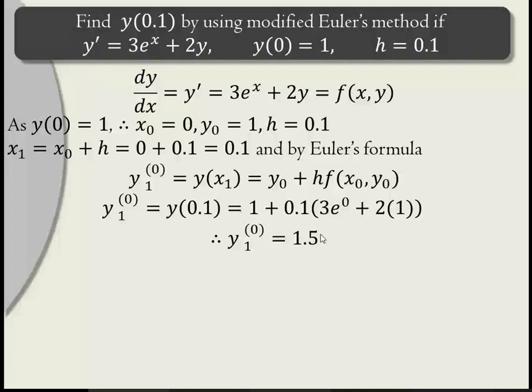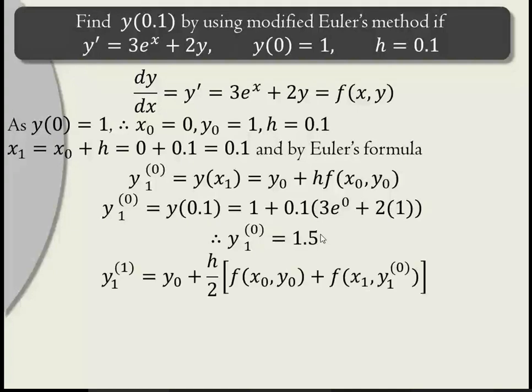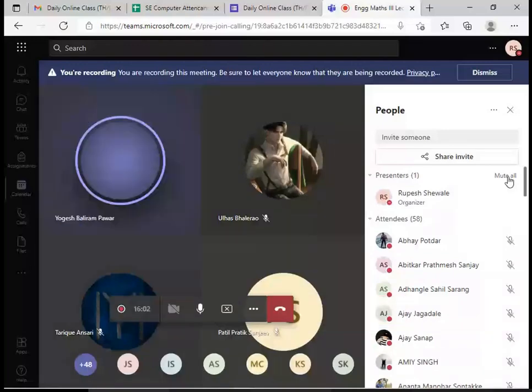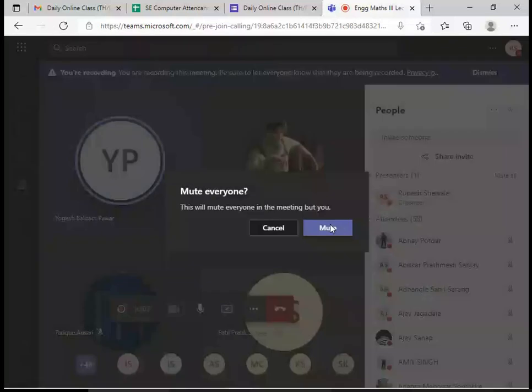Now take note of the modified Euler formula. The first iteration of y1 is y naught plus h by 2 into f of x naught, y naught plus f of x1, the zeroth iteration of y1.